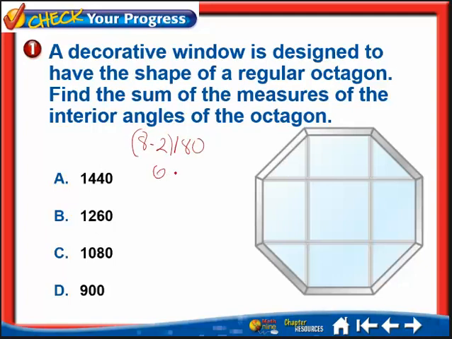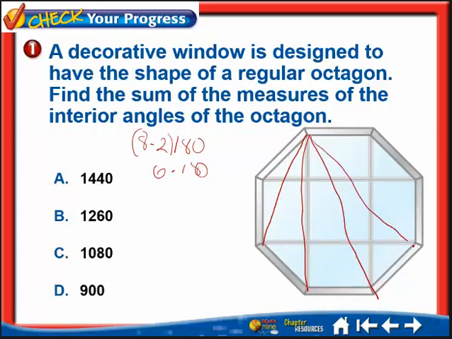So 6 times 180. Let's check that and make sure that's right. So here's 1 triangle, 2, 3, 4, 5, and then this one is 6. So yes, 6 times 180 is answer choice C, 1080.